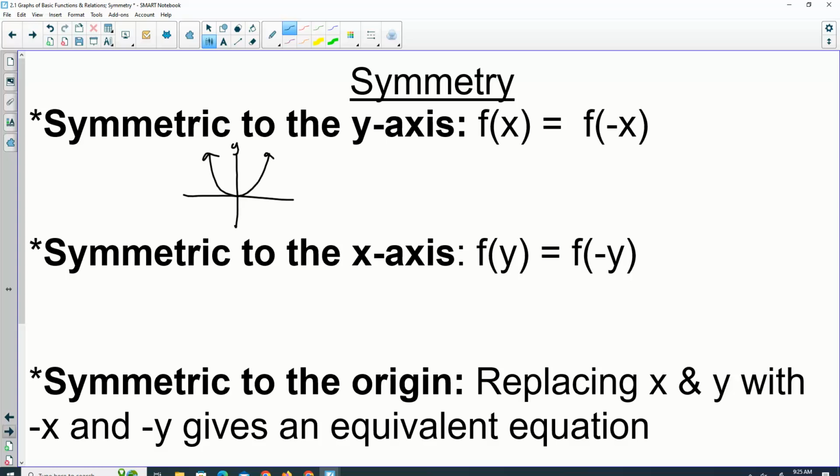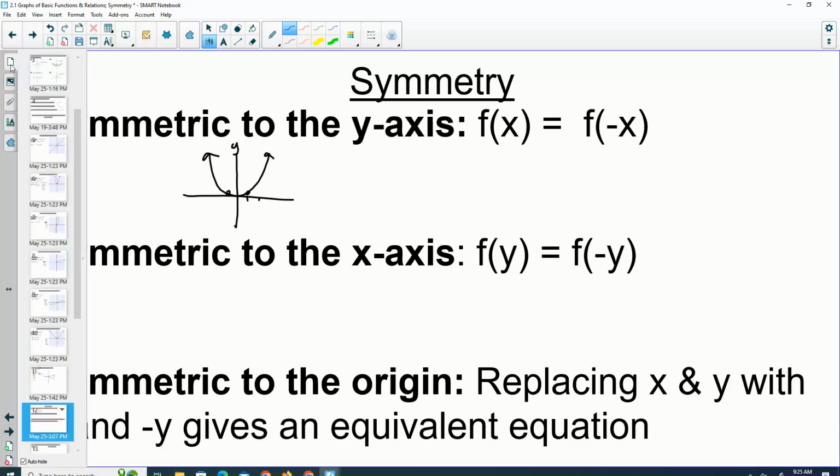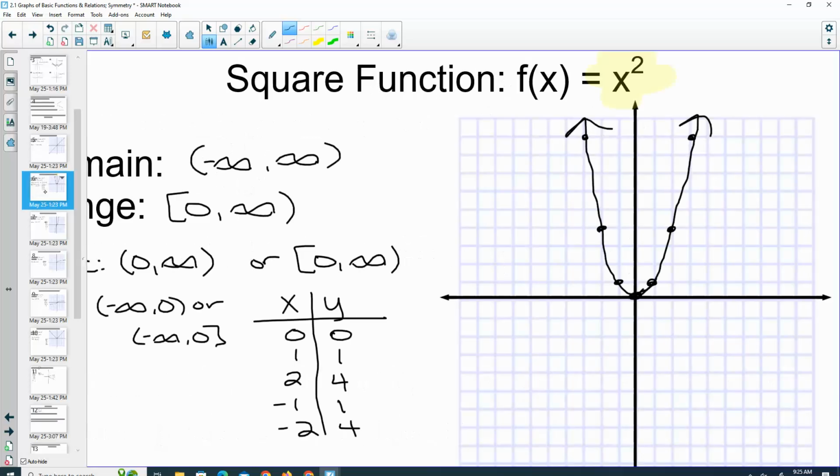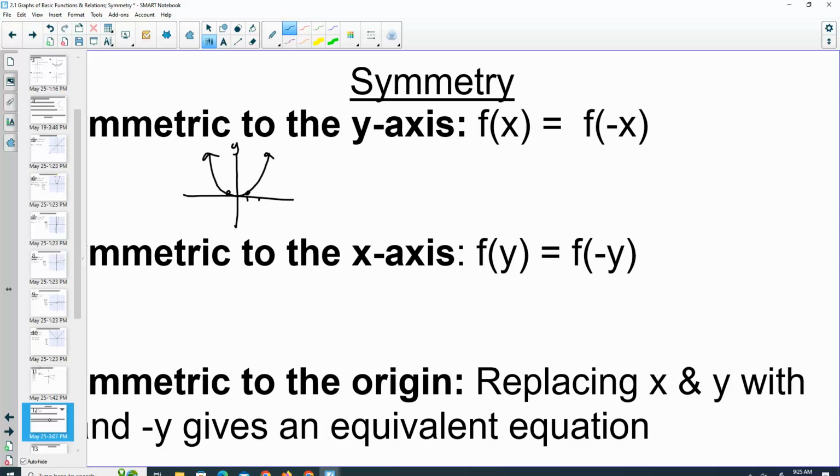When you're looking at your points, when the x is positive or negative, it has the same y value. When we graphed our parabola, positive 2 and negative 2 gave us the same y. So when something is symmetric over the y-axis, both a positive and negative x are equal to the same y value.